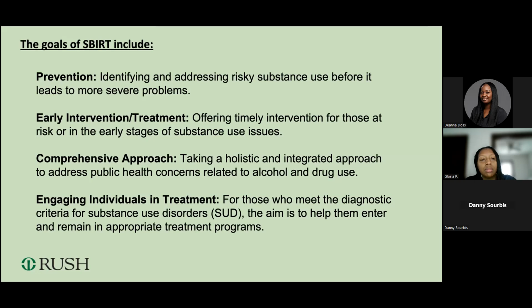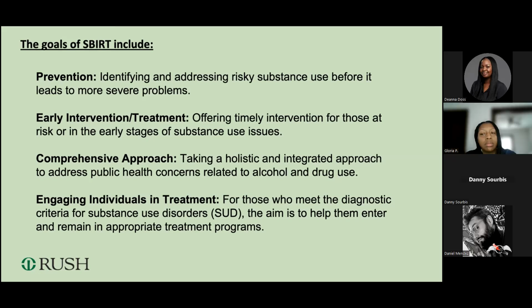The comprehensive approach is taking a holistic and integrated approach to address public health concerns related to alcohol and drug use, and engaging individuals in treatment for those who meet the diagnostic criteria for substance use disorder. The aim is to help them enter and remain in appropriate treatment programs.